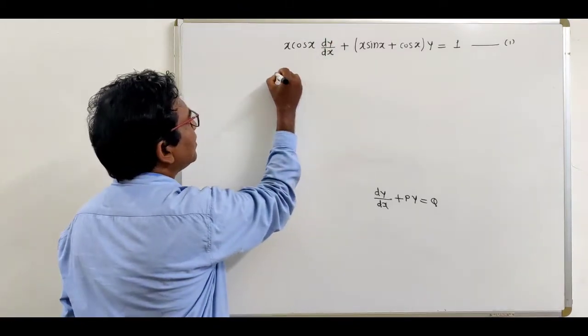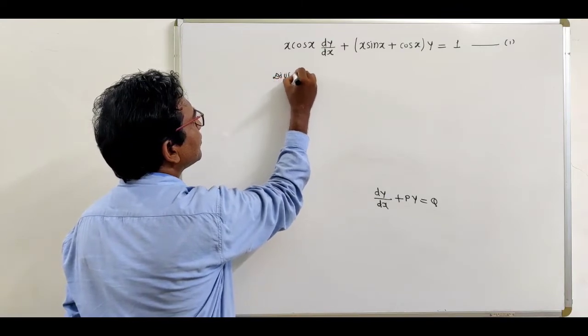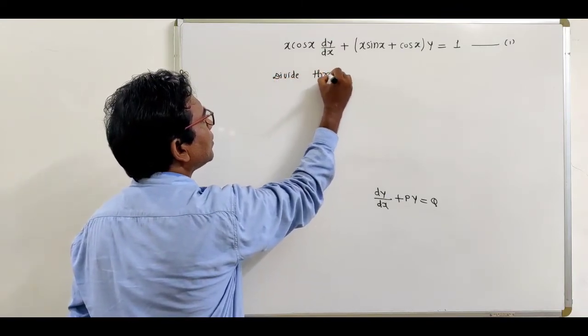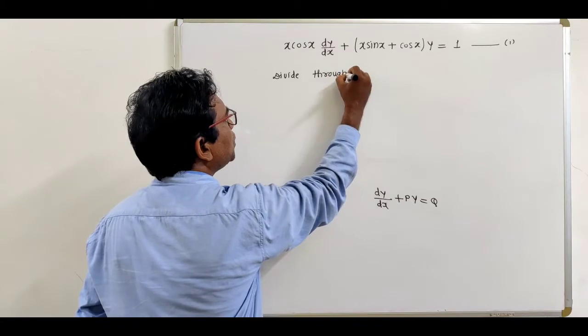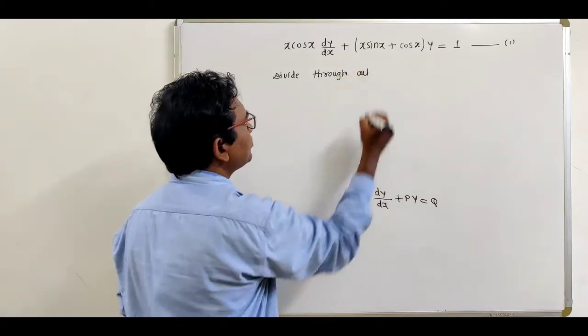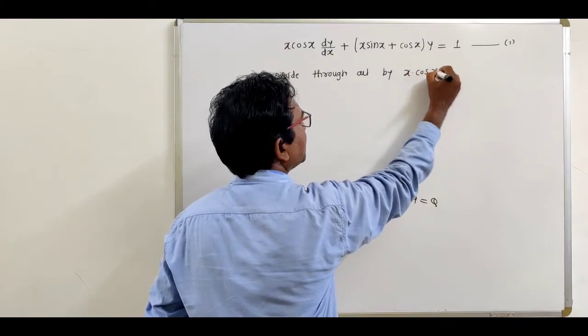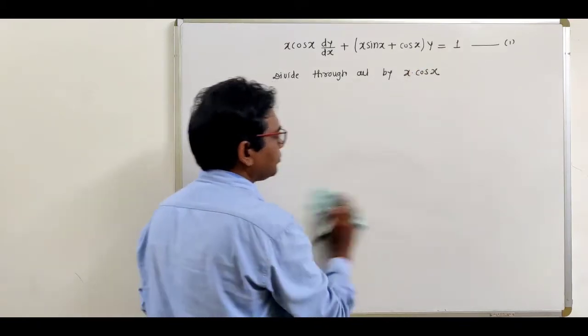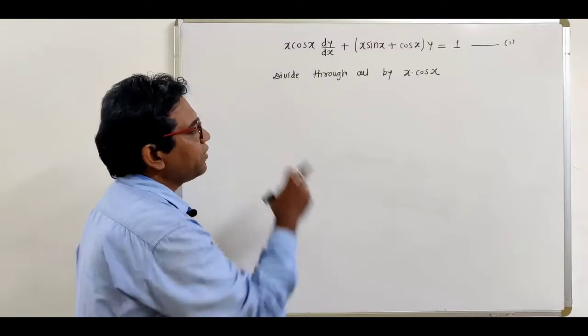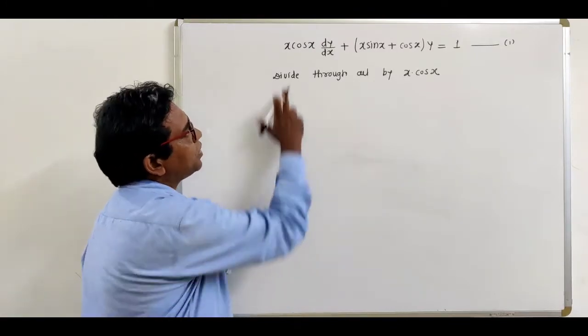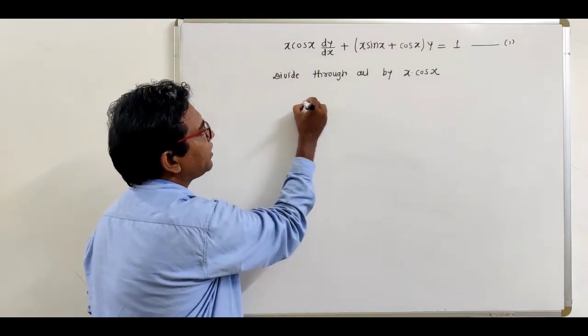So divide this total equation by this term x into cos x. So what do we get?